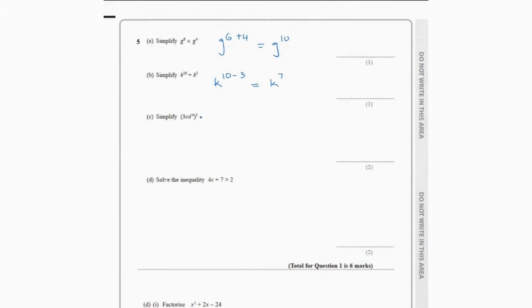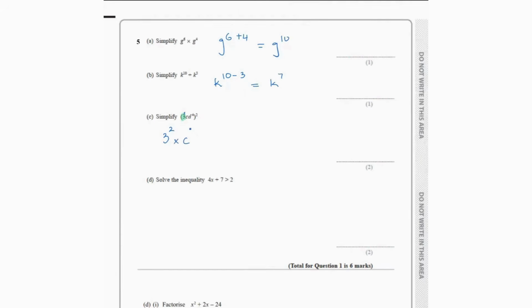Then when there's a power outside the bracket, we multiply the powers. And the powers get distributed on the coefficient as well, which is the number 3. They will not just get distributed on the variable, but the number as well, which means 3 will have a power of 2 now. When there's no power written, the power is 1. So 1 times 2 is 2.